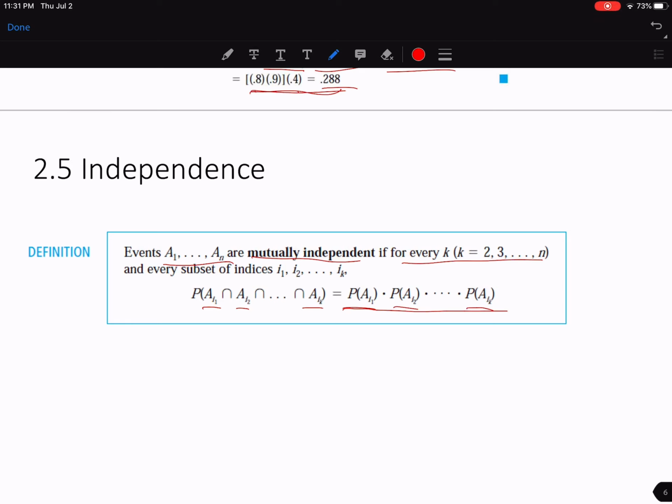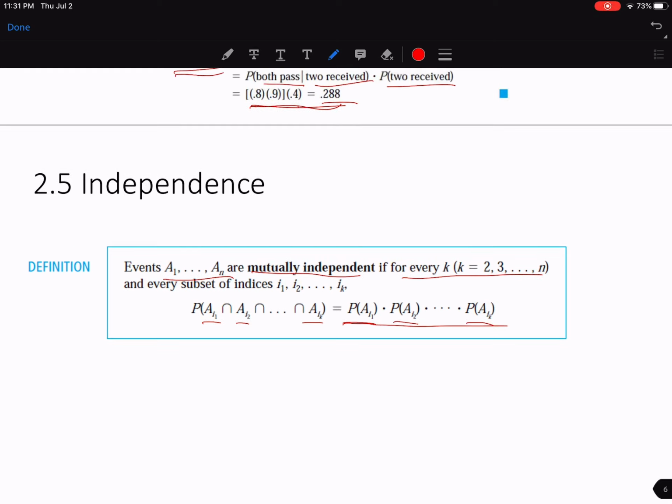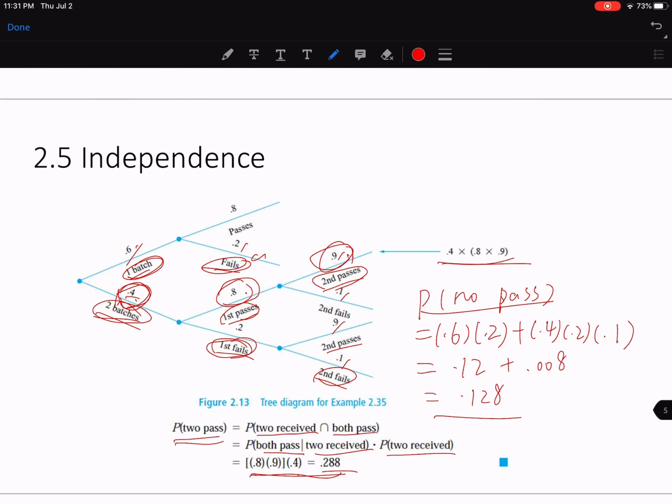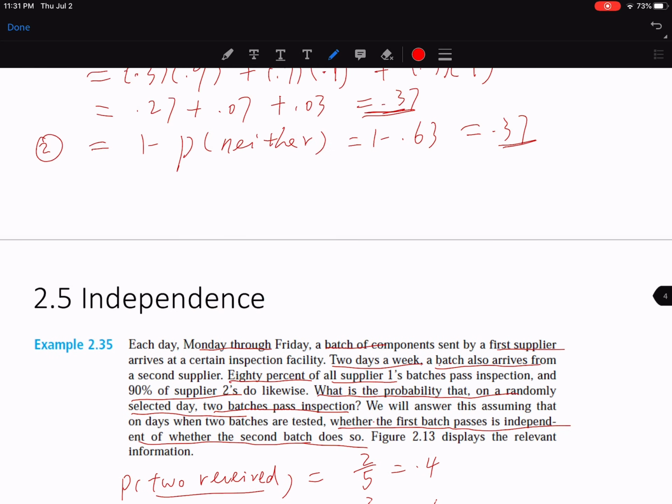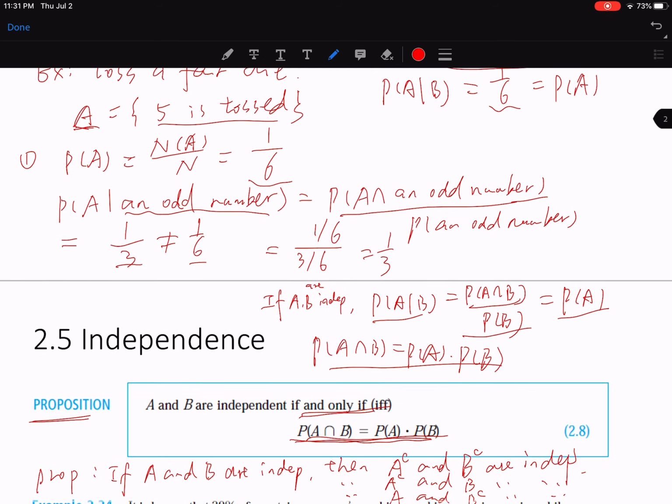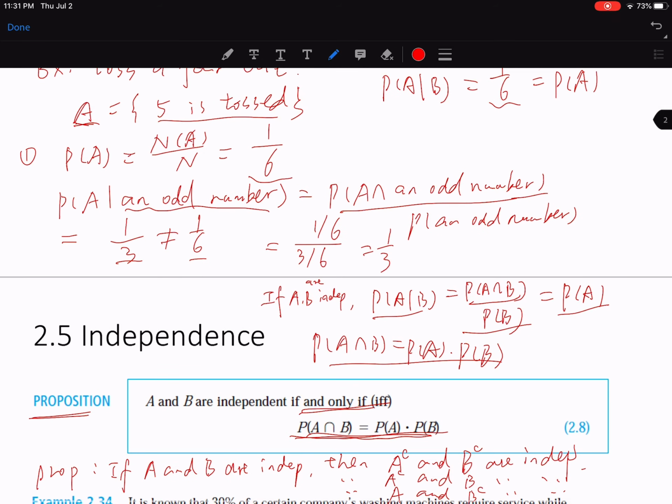Okay, that's just an extension to the general form from the proposition we have up here. So always keep this idea in your mind: if two events are independent, then the probability of the intersection is equal to the multiplication of the two probabilities. All right, that's pretty much all about independence.